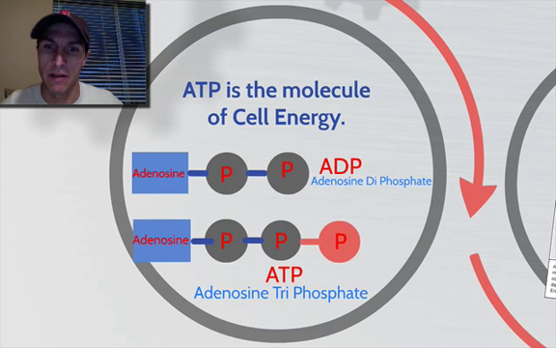You can think about that bond right there as stored energy. If we were to take that phosphate off, we would release that energy stored in that bond. So ATP is a cellular battery. ATP is the charged state. ADP, adenosine diphosphate, is the uncharged battery.